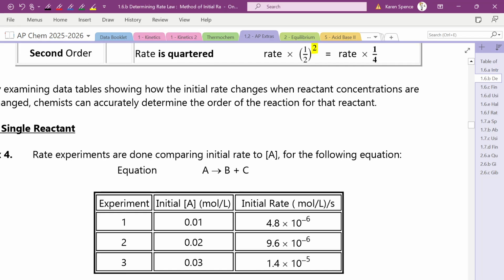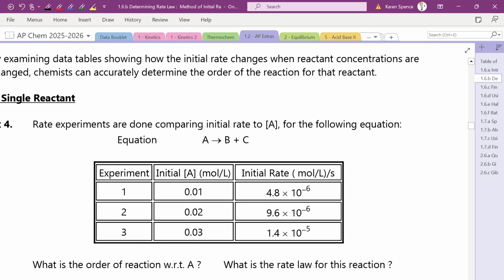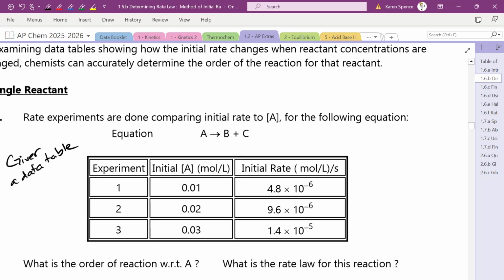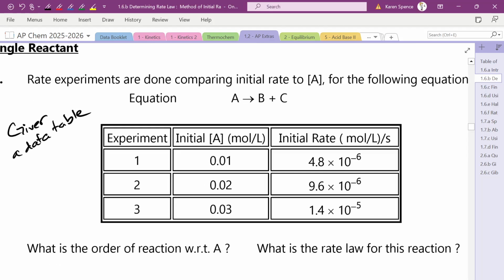How on earth do we use these things? You are usually given a data table. You'll be told we have experiment number 1, experiment number 2, experiment number 3, and you will be given the initial concentration of A in each one, and you will be given the initial rate for each one.